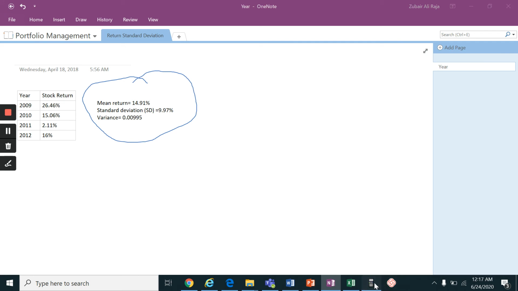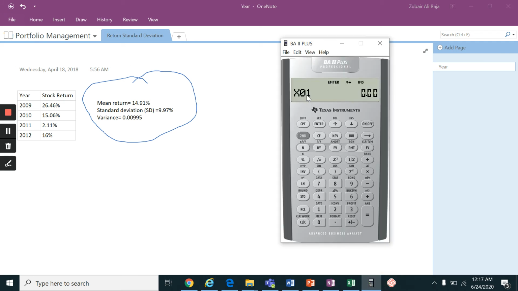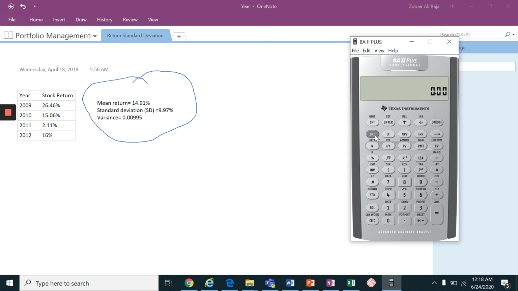If you have that, it will go into X01. So the first return, which is 26.46%: second data, and X1 is 26.46%. Enter. Y1 is the other variable, but there is no other variable.